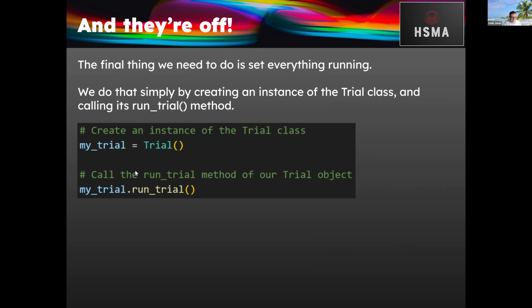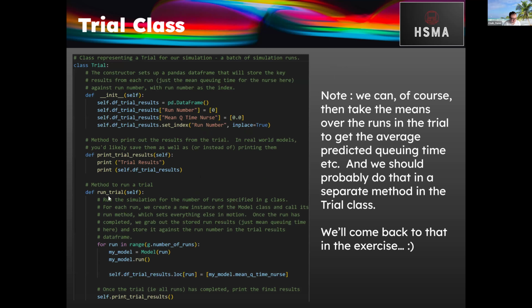Okay, so outside of our code, after we've defined all of our classes, we'll create a new instance of the trial class, and then we will call the run trial method of the trial class, that thing we just wrote here.